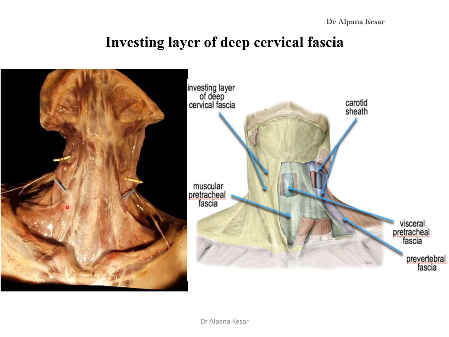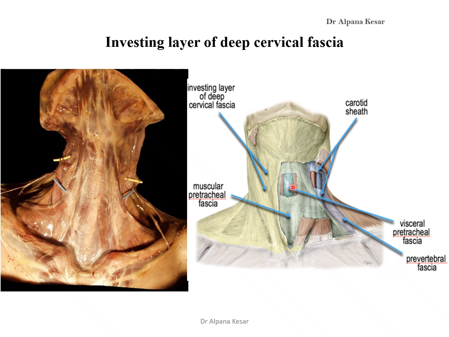This is the investing layer of deep cervical fascia. It is a translucent, glistening layer which encloses the muscles and the other structures of the neck. It surrounds the entire neck like a collar. In this visual, this is the investing layer of deep cervical fascia.